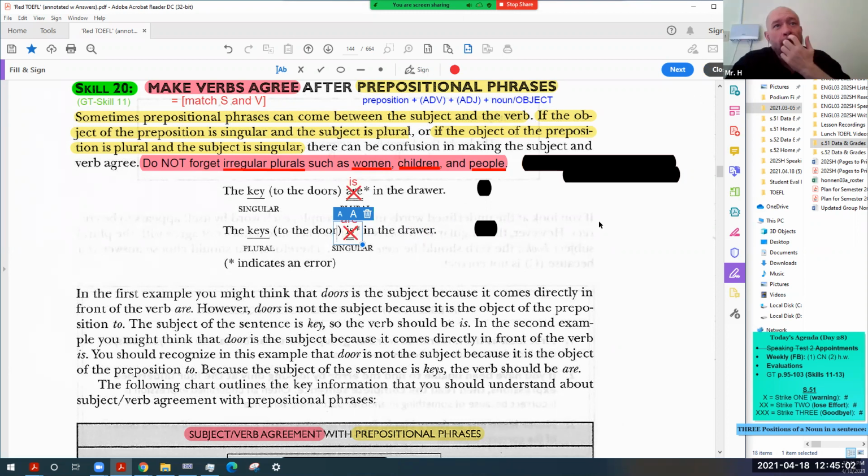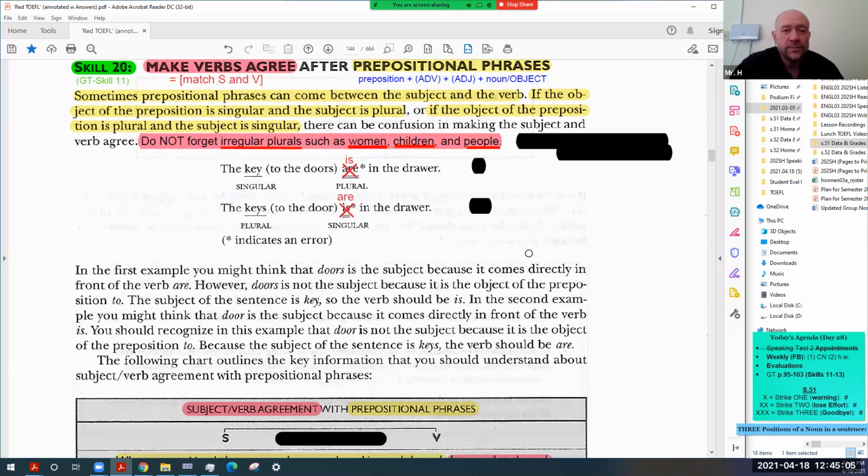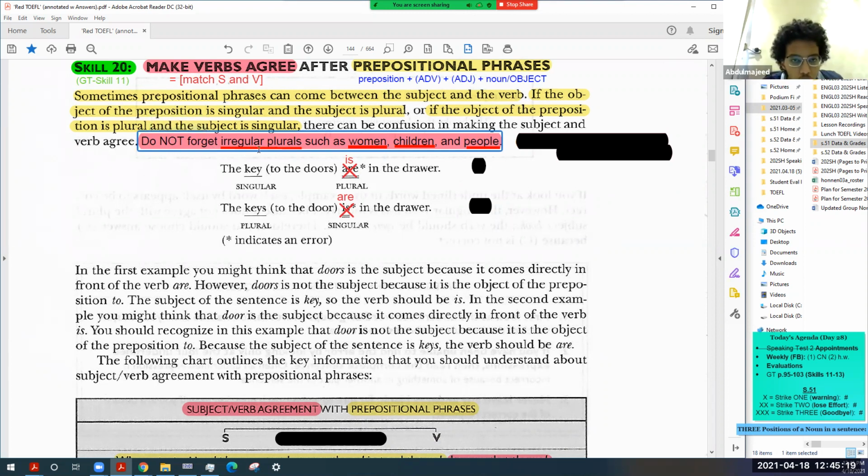Gentlemen, is that clear? You understand? All right. Now I want you to notice this. I didn't say this, but I want you to read this, please. Abdul Majid, what does that say? Do not forget irregular pronouns such as women, children, and people. The TOEFL doesn't give you basic examples.